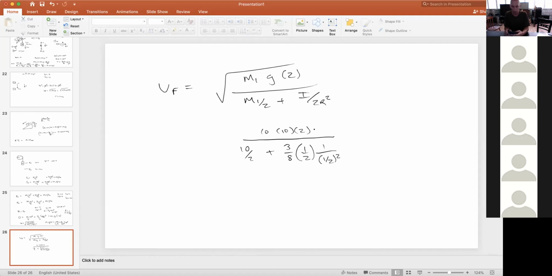So 10 halves plus 6/8, 5.75. So V final is square root of 200 over 5.75, which is 5.89.